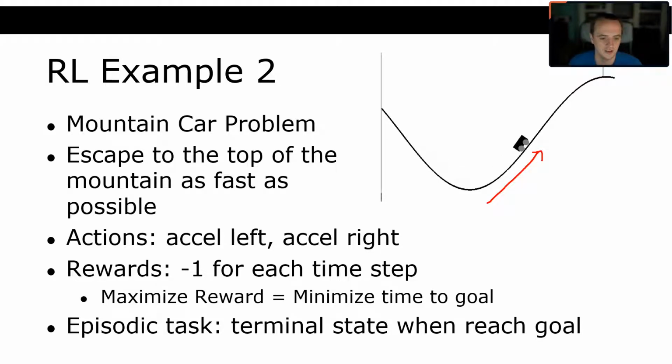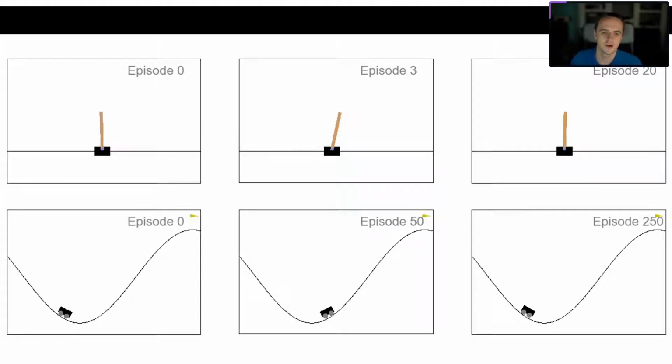And this, again, is an episodic task, and we'll get into the differences between episodic tasks and others later. But the terminal state would be when you reach the goal up here. So, what would this then look like? Well, maybe at the beginning, we have an agent which is really bad, and it just takes random actions.